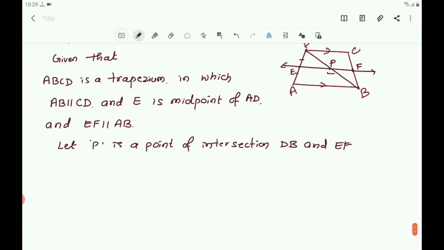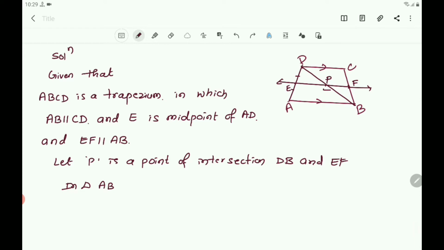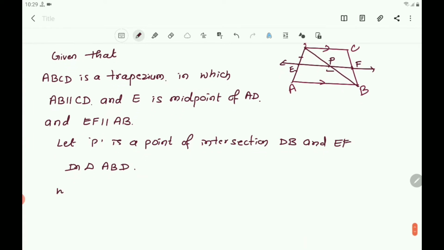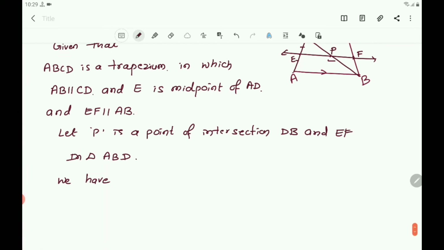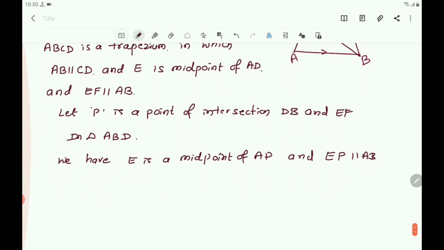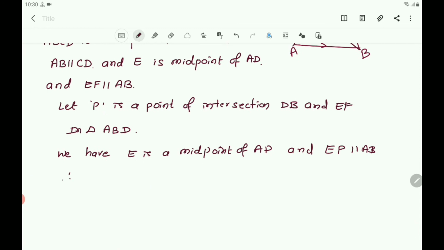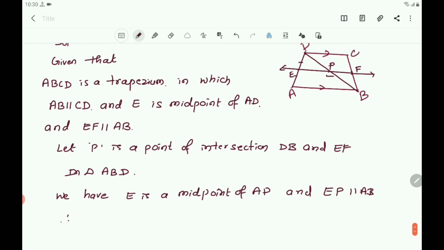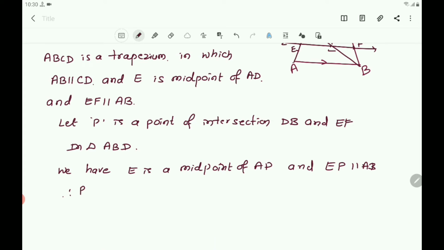So in triangle ABD, we have E is a midpoint of AD and EP parallel to AB.